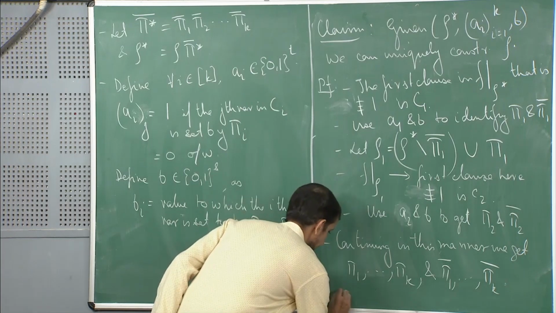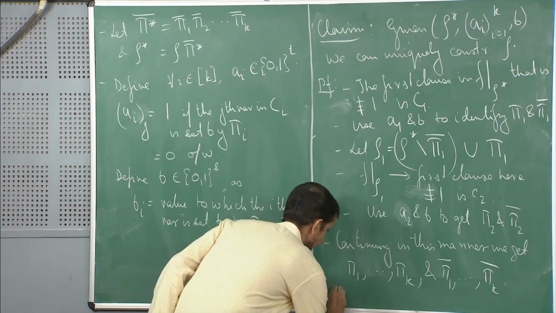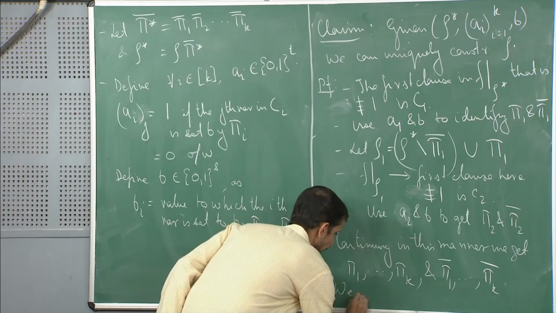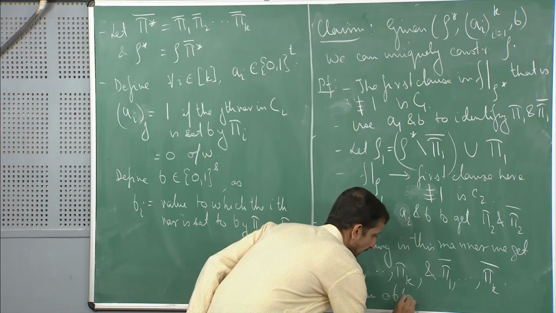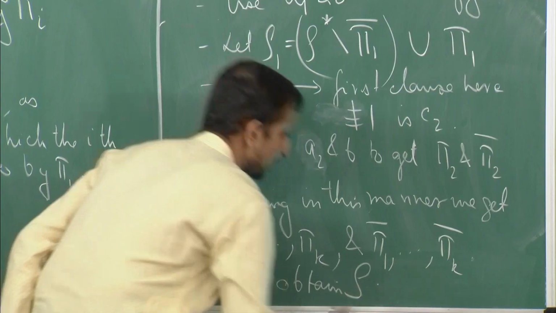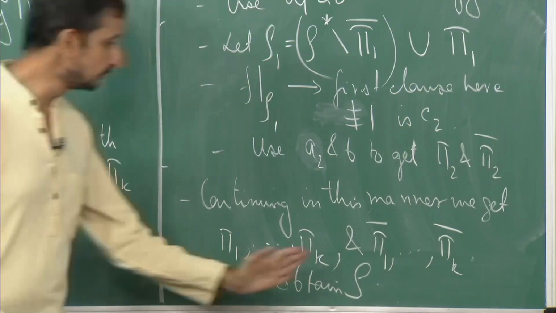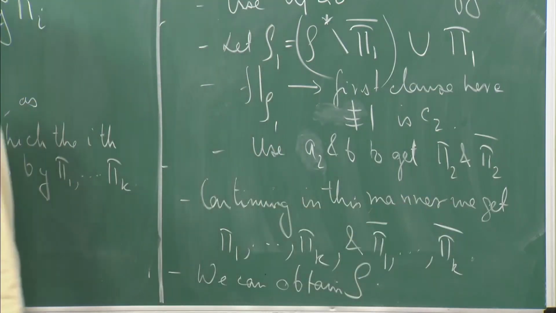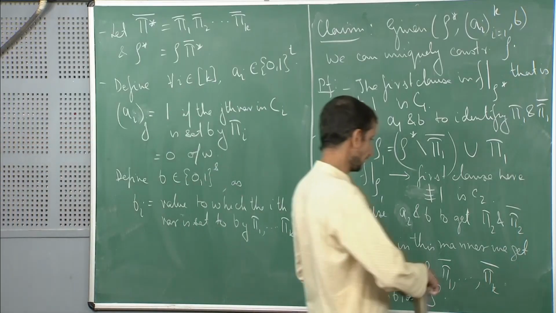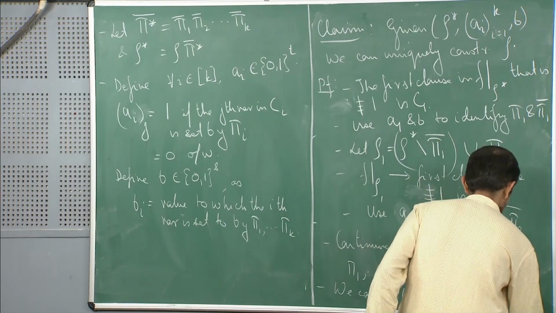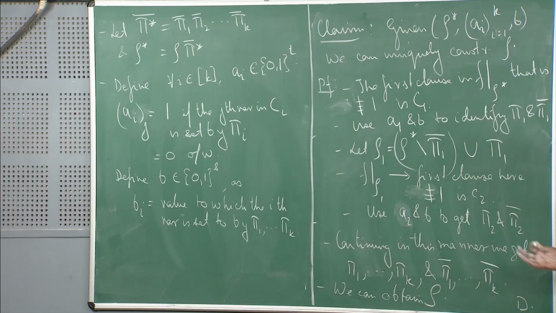So, therefore, we can obtain rho. Okay. Just remove these restrictions pi 1 bar up to pi k bar from rho star, that is all. So, this completes the proof of this claim. Okay. So, now we have established that it is a one-to-one function.